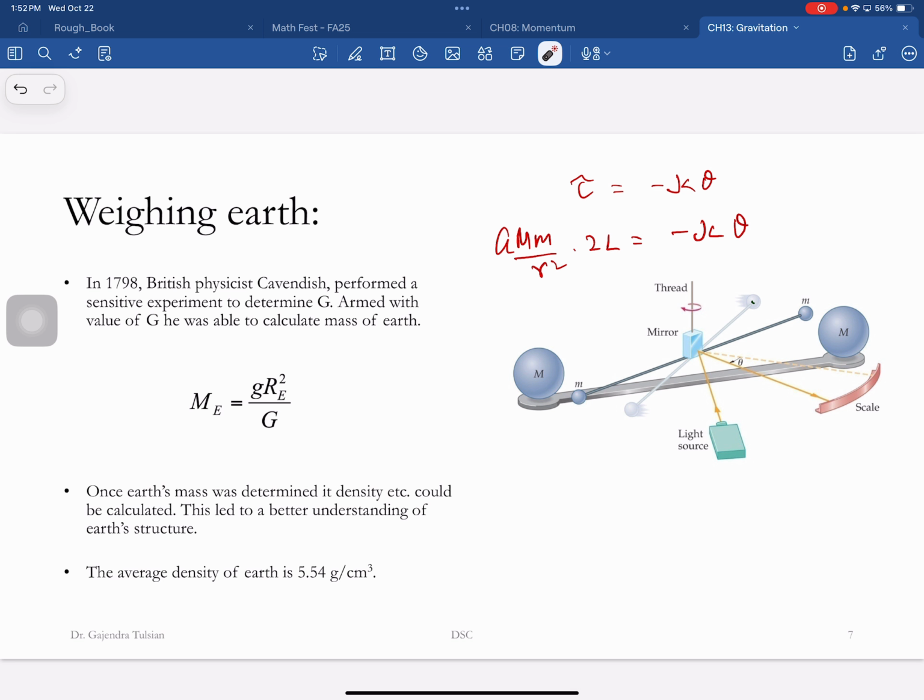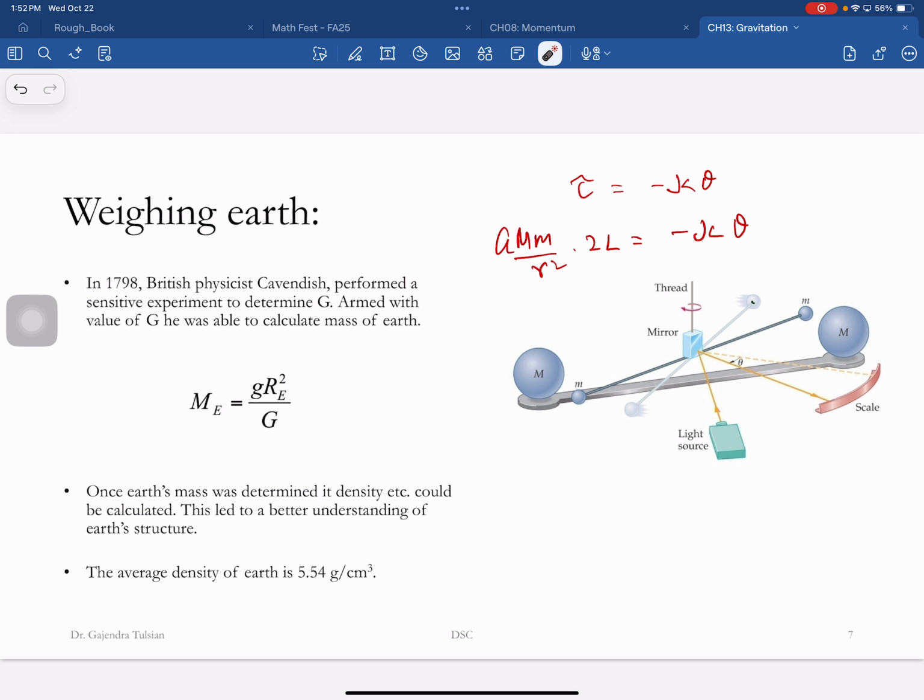You measure this angle theta, the angle through which it turned. We know the masses, we know the distance between them, and you can calculate G. So that's how G was measured.